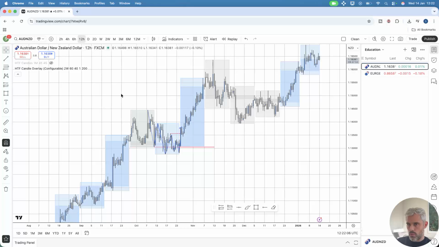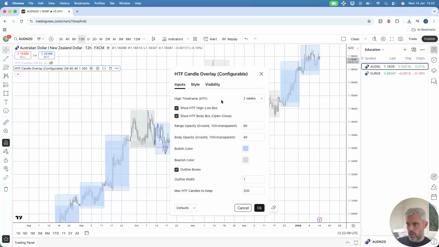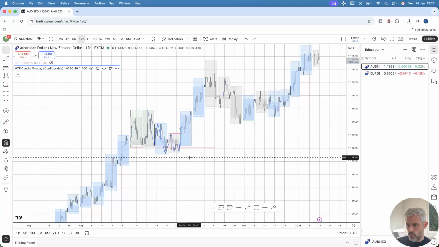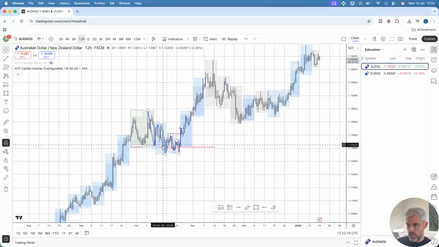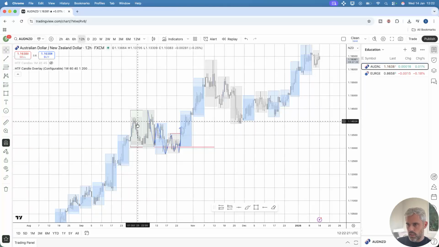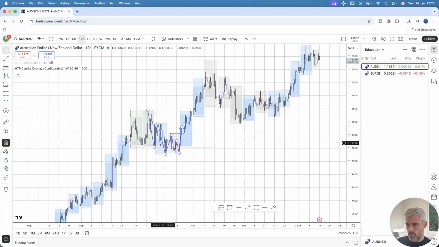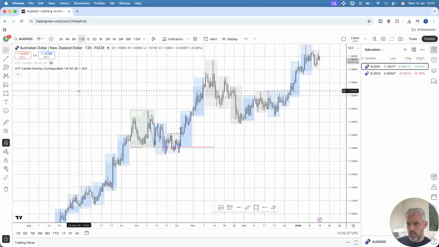And then what we can do if we want to further verify this is maybe take a look at the weekly time frame, and we can see that we also have weekly liquidations of this candle here. So obviously these two candles combine to make the 2-week candle. These two candles combine to make the subsequent 2-week candle.